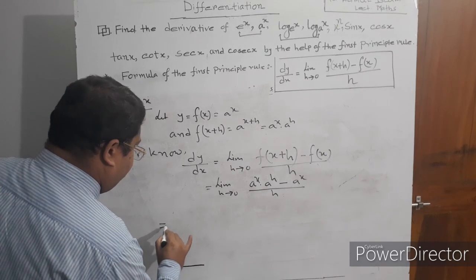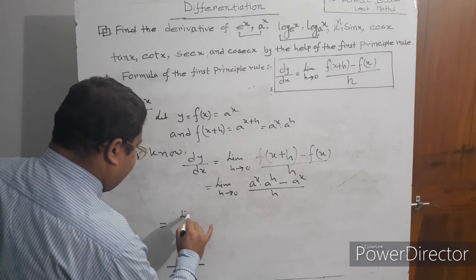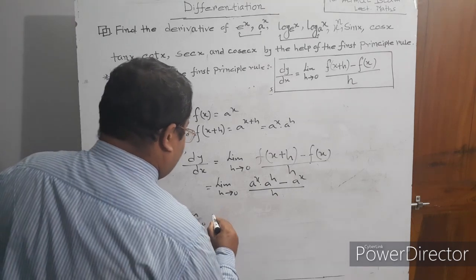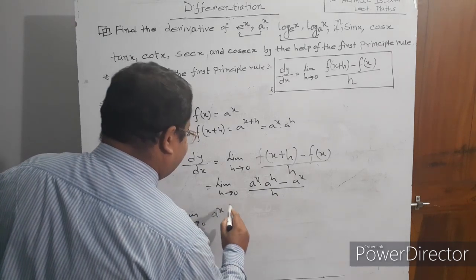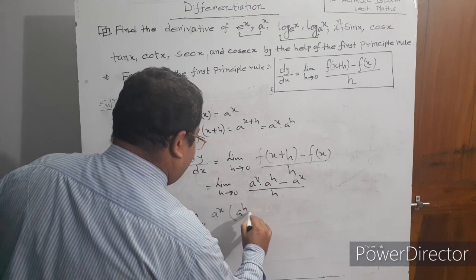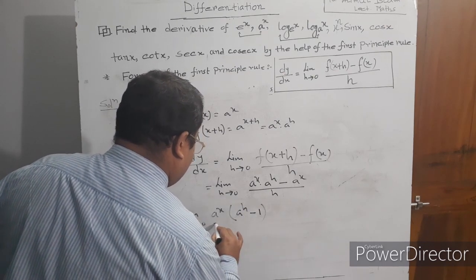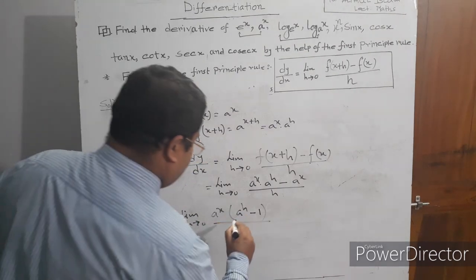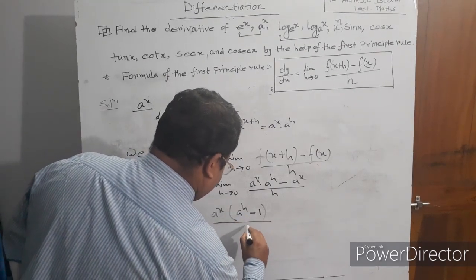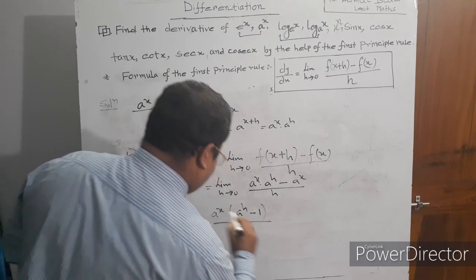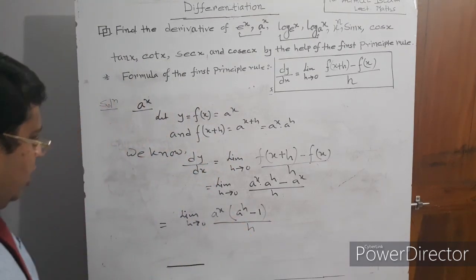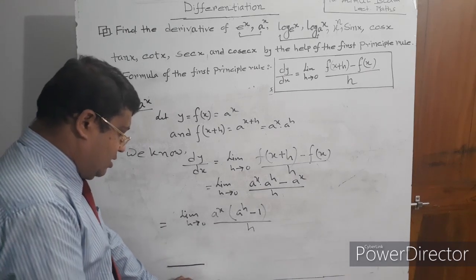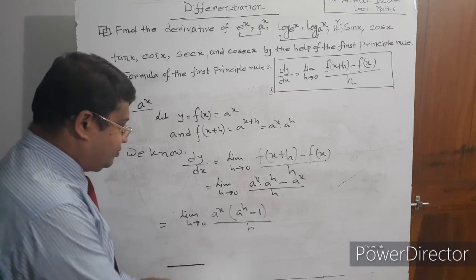Now we take the common a to the power x, limit h tends to 0.